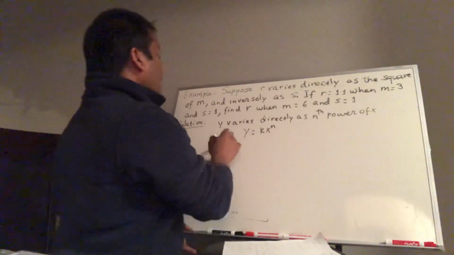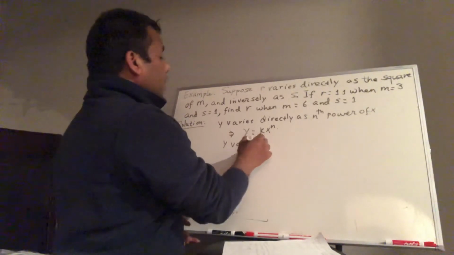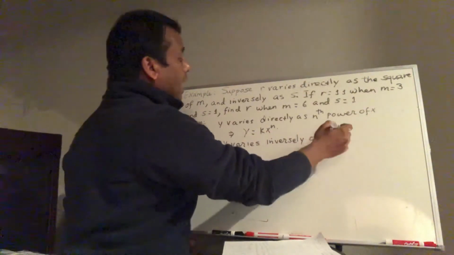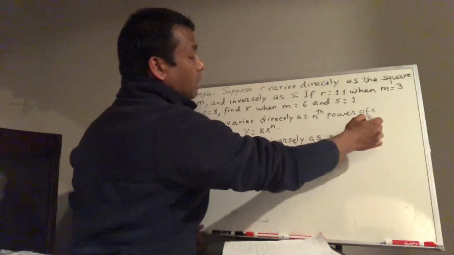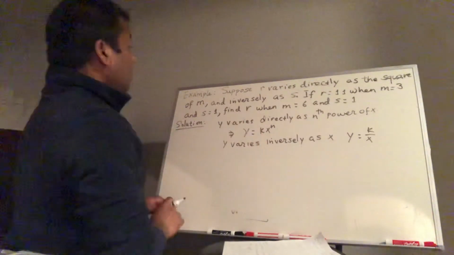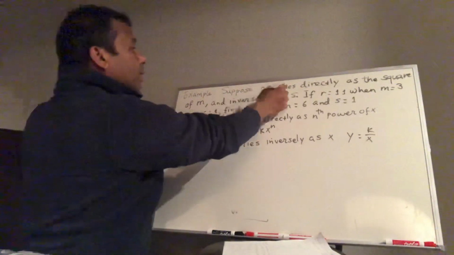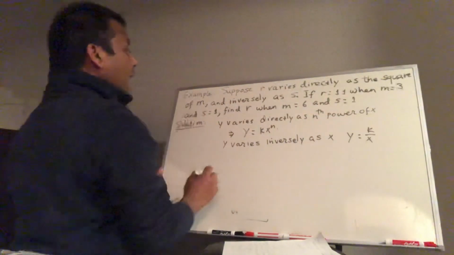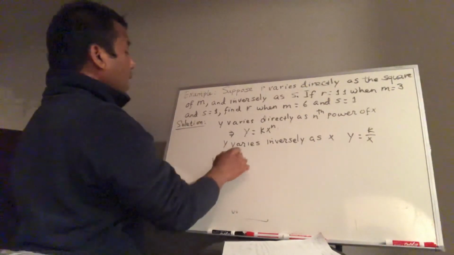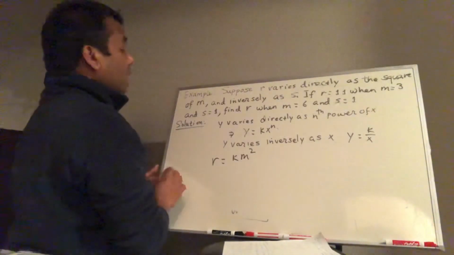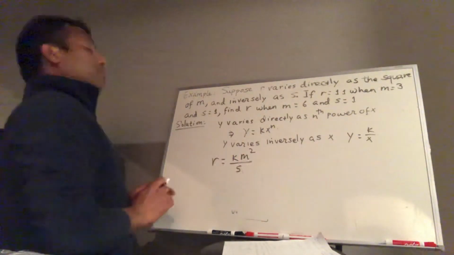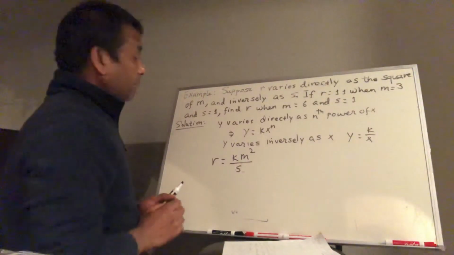And if y varies inversely as x, then you'll have y equals k over x. So we have to use these two concepts here. So R varies directly as the square of M. So that means R equals kM square, right? And then it's inversely as S. So you have to put S on the bottom, on the denominator.